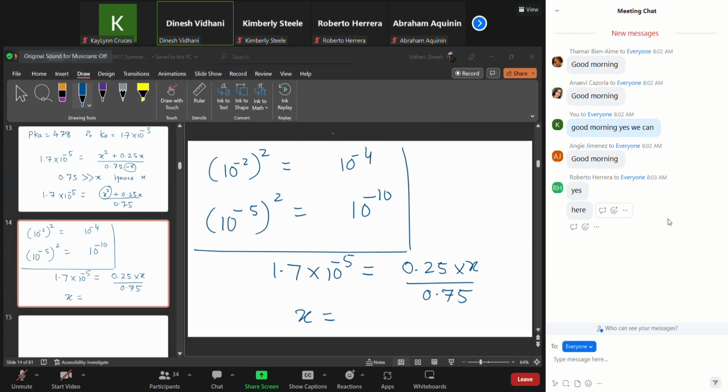Yes, Roberto, you're right. So 5.1 10 to the power -5, because that's what I'm getting as well. I'm solving it along with you, because you gave me those numbers. So we got the value of x here.